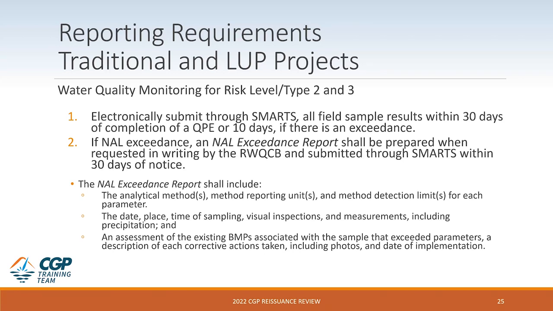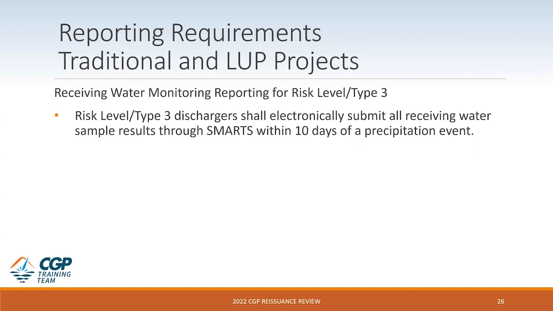The NAL exceedance report shall include the analytic methods, the method reporting units, and the method detection limits for each parameter, the date, place, and time of sampling, visual inspections and measurements, including precipitation, and an assessment of the existing BMPs associated with that sample that exceeded the parameters and what corrective actions will be taken, including photographs and a date of implementation for those changes.